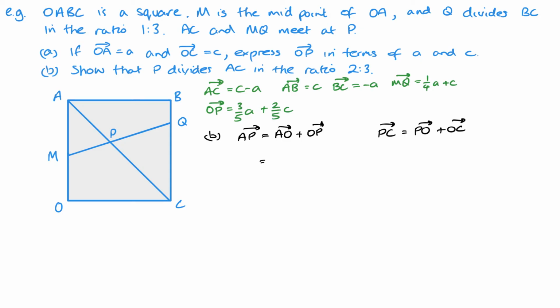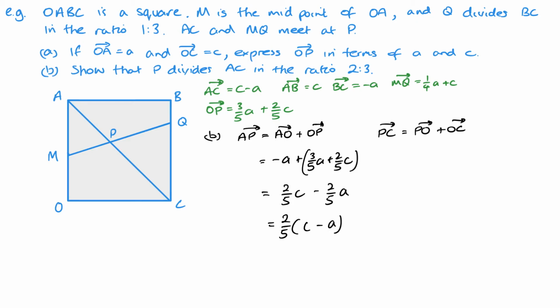A to O is negative A plus OP, which is 3/5 A plus 2/5 C. So that is going to give me 2/5 C minus 2/5 A. So taking that outside, I get 2/5 (C minus A).